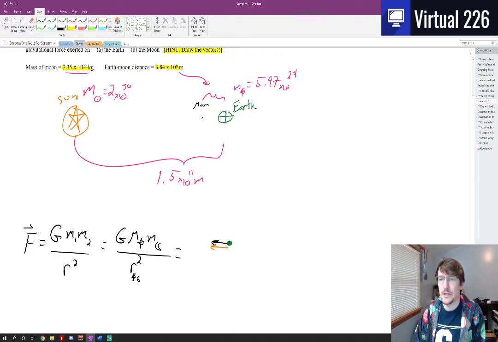So we're going to put in the mass of the Earth, 5.97 times 10 to the 24th, the mass of the moon, 7.35 times 10 to the 22nd. G, if you remember, is 6.67 times 10 to the negative 11th. And then divided by r squared, where r is the Earth-Moon distance, 3.84 times 10 to the 8th. So let's just crush that number real quick and see what we get. 6.67 times 10 to the negative 11th times 5.97 times 10 to the 24th gives about 4 times 10 to the 14th, a little bit less, times the mass of the moon, 7.35 times 10 to the 22nd.